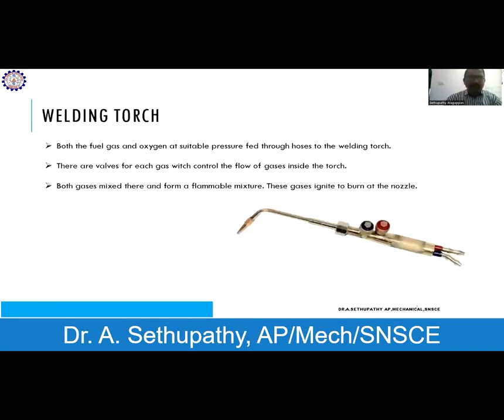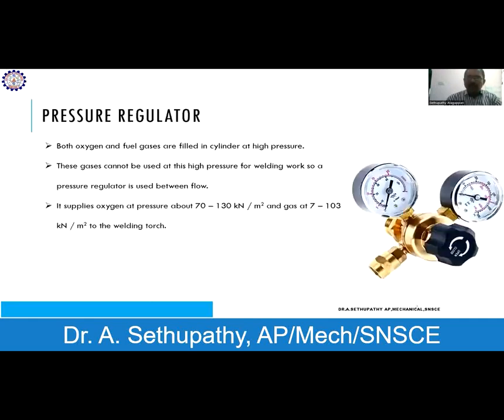The welding torch has both the fuel gas and oxygen fed at suitable pressure through hoses. There are valves for each gas which control the flow of gases inside the torch. Both gases mix there and form a flammable mixture, which ignites and burns at the nozzle.